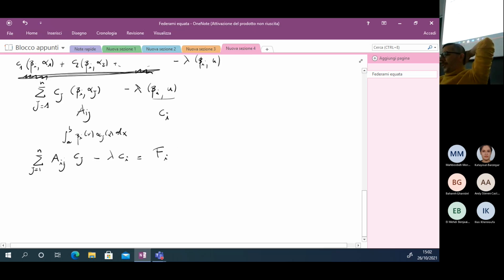What's the point of this? The point is that now I can write this equation in matrix notation. This is now a true matrix equation.